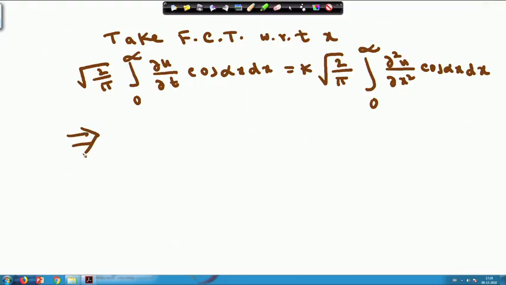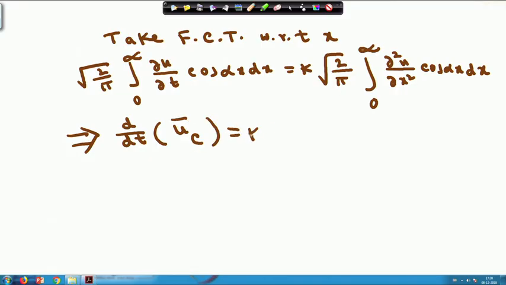What does this give me? I can bring the del t outside, that is I can make it d dt of root over 2 by pi integral 0 to infinity u into cos of alpha x dx, which is nothing but the Fourier cosine transform of u, which I am denoting as u bar c. So, the left hand side is d dt of u bar c.